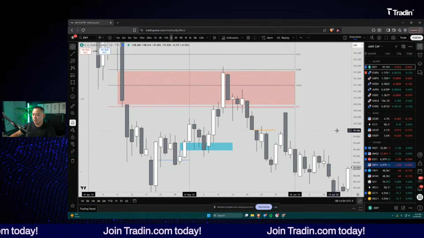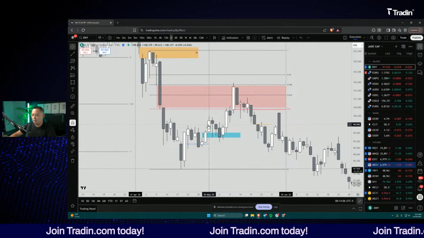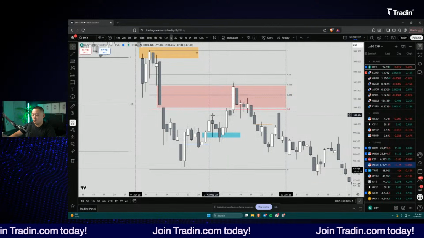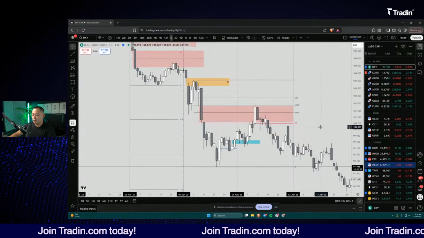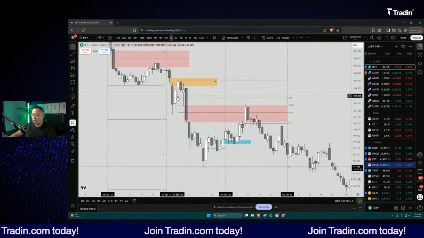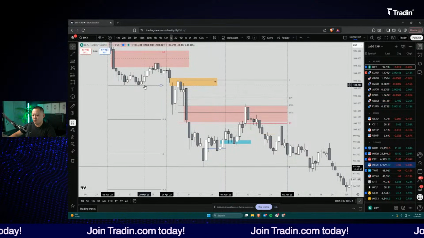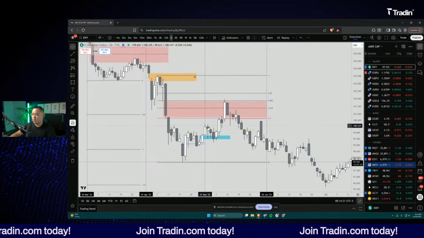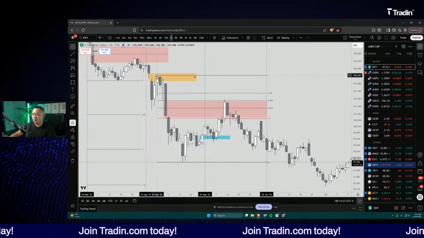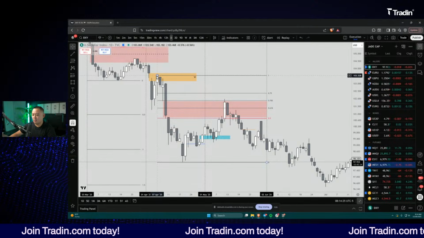Now, again, when you're trying to trade counter trend, it's much more difficult to find where to pick your target, because when a market is trending lower, it's much easier to place your target at previous lows because they're much more likely to be taken. Whereas if you're counter trend trading and you put your target all the way at the high, you don't know where it's going to go.